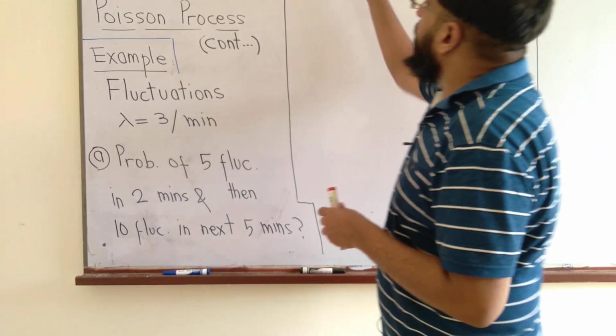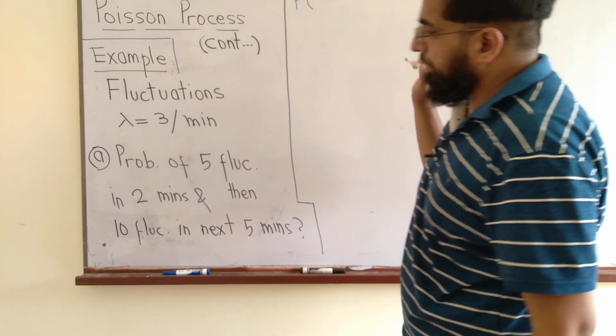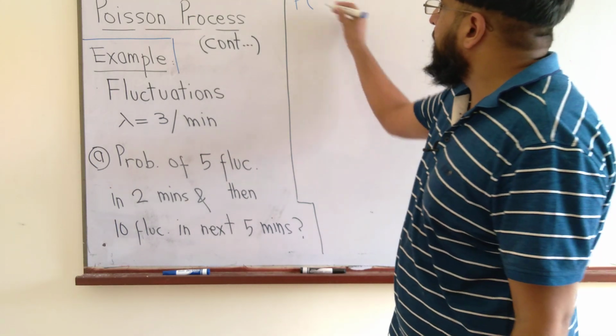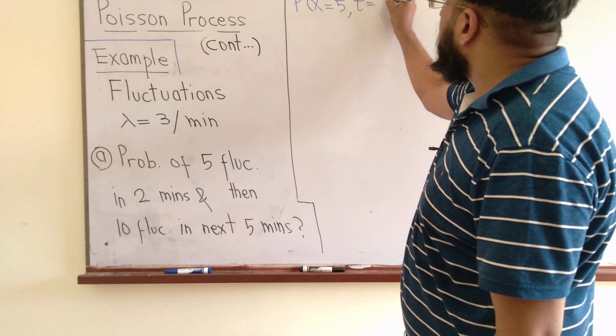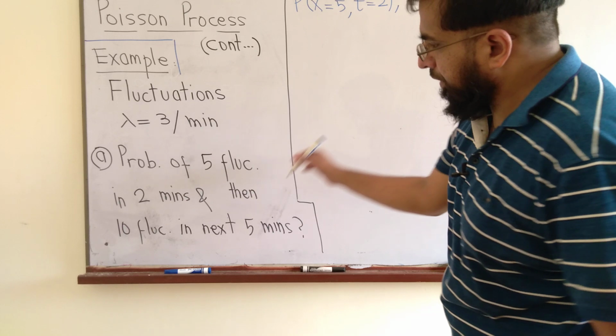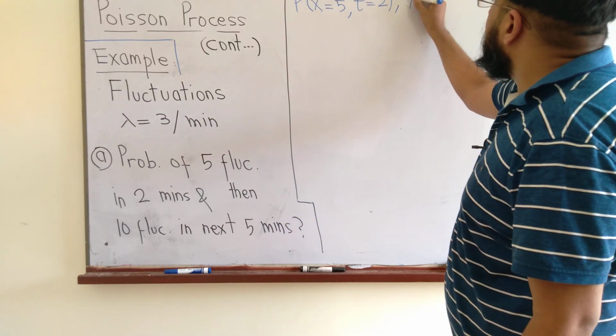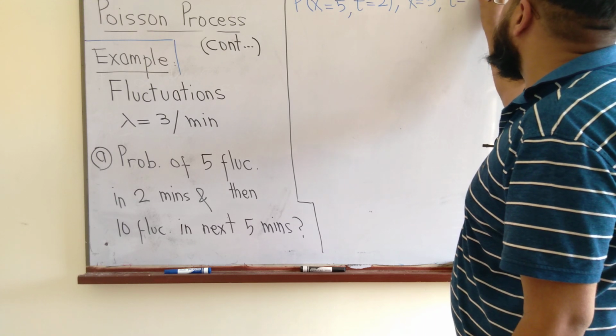So actually what we want to find is the probability of 5 fluctuations in 2 minutes jointly with 10 fluctuations in the next 5 minutes.